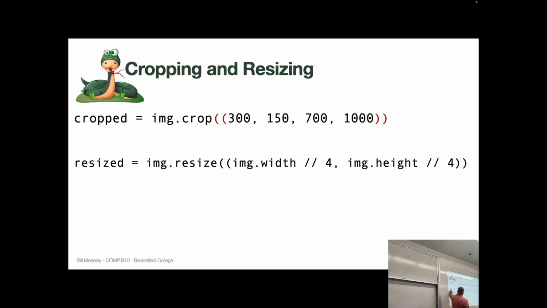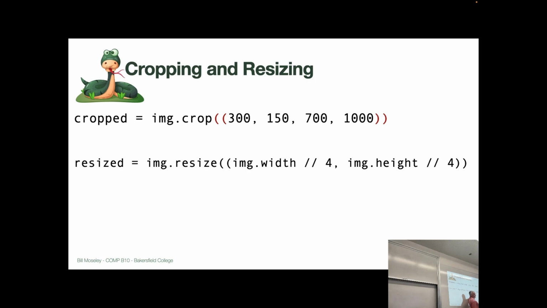So, resize. This is a very similar one, but it takes just a tuple with 2 members, the width and the height of the image. In this case, I'm feeding it a brief statement that says take the image width and use floor division to divide it by 4. You have to use floor division here because it wants an integer.